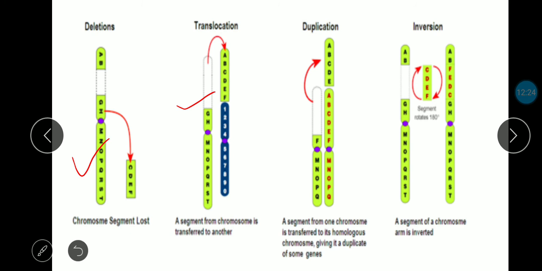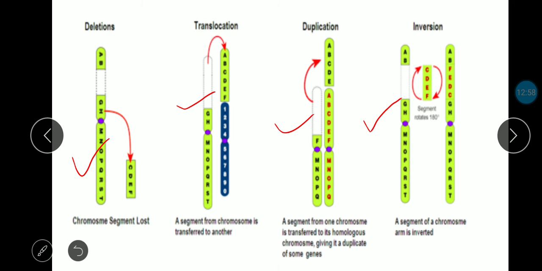In duplication, one segment of the chromosome gets doubled, not interchanged but doubled. And the fourth type is inversion, which means only the serial order of genes gets changed, and the chromosome has an equal number of genes but their order is changed.